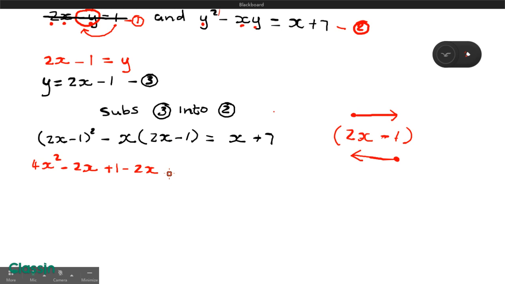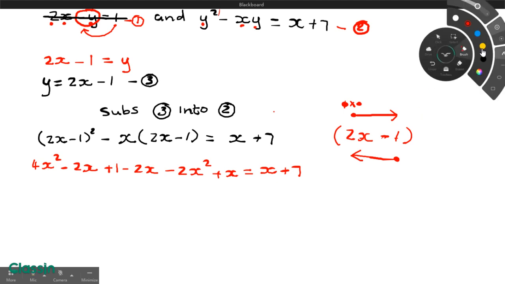Then you come to this one, negative. Negative x multiplied by 2x, negative 2x squared. Negative x multiplied by negative 1, positive x, equals to x plus 7. I hope you understood what I did here. This multiplied by this, I get? Now again, you come again.